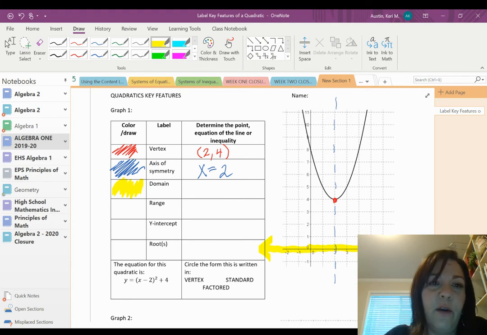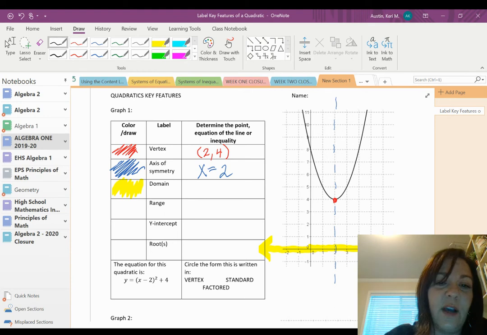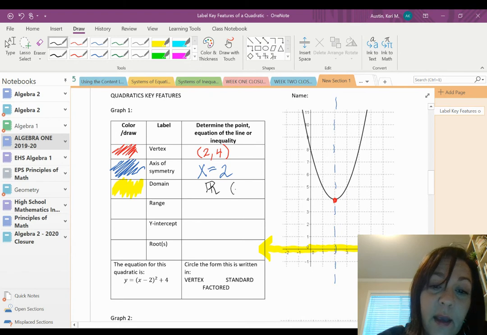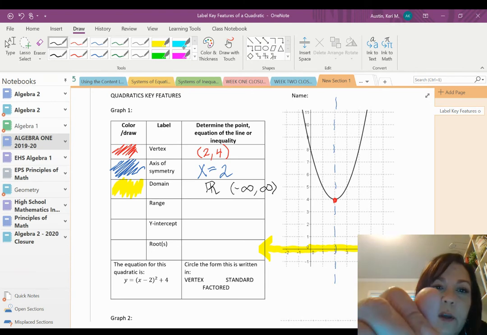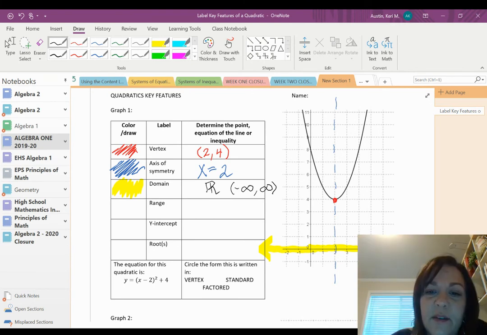So you can go forever and ever, and there's lots of ways to write that. Perhaps the easiest way is to say all real numbers. You could also say negative infinity to positive infinity. You could use inequality notation. Any notation is okay.